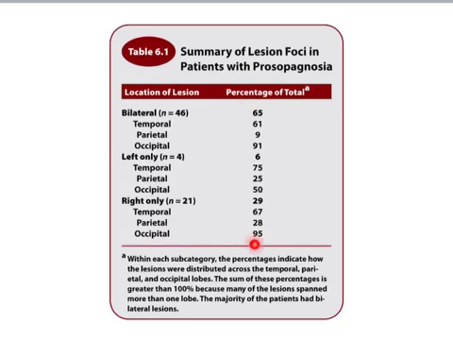And the reason that these percentages total more than 100 is because a lot of these lesion areas are overlapping, and so you might find lesions in the occipito-temporal pathway.